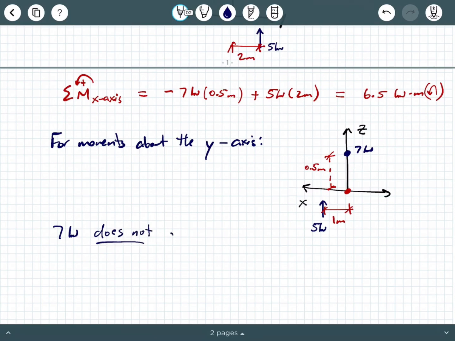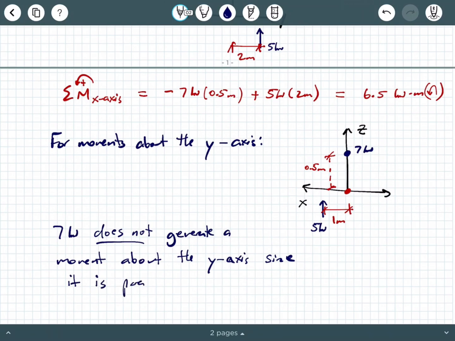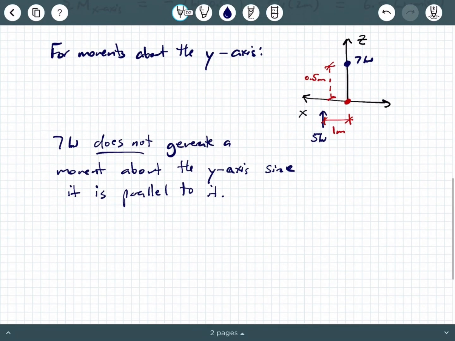So we'll make a note of that. We're going to say 7 kilonewtons does not generate a moment about the y-axis since it is parallel to it.